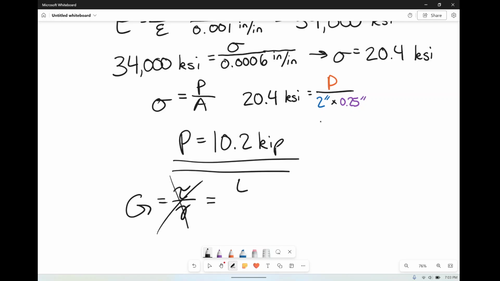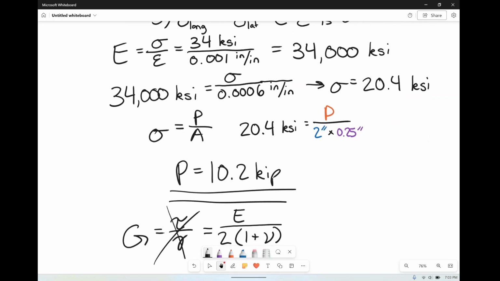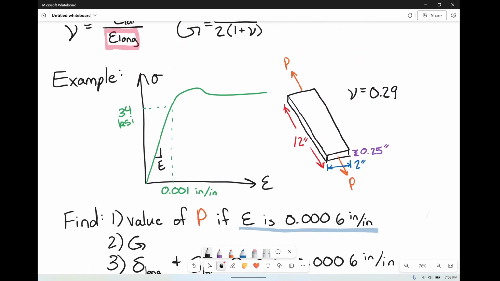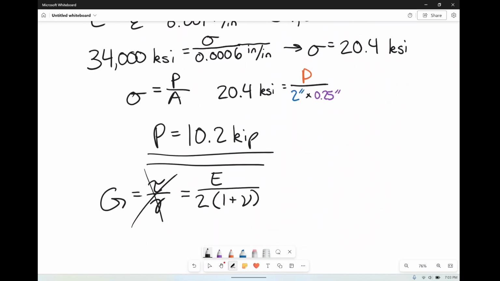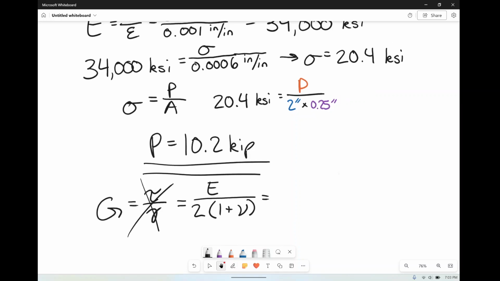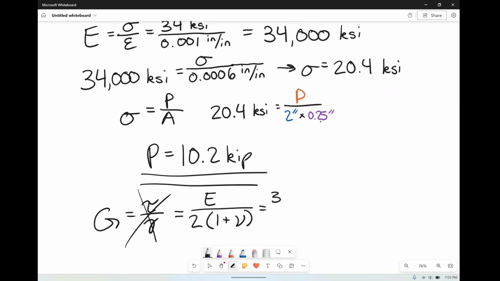So instead what we do have is modulus of elasticity over 2 times 1 plus Poisson's ratio. And we solved for modulus of elasticity, and here it's 34,000 KSI, and they gave us originally a Poisson's ratio of 0.29. That's fantastic. So again, we're just going to plug it on in, right? So modulus of elasticity there at the top is 34,000 KSI, divided by 2 times 1 plus 0.29 for a Poisson's ratio.